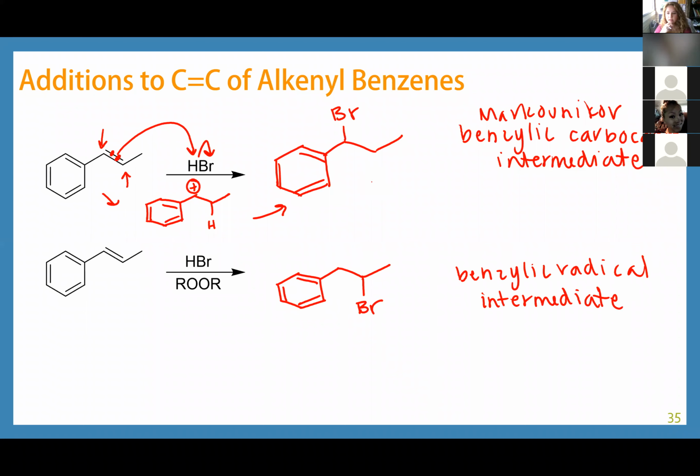So think for a second about how that happens. Remember, the initiation reaction is going to happen between the peroxide and the HBr, and we're going to create bromine radical. Bromine radical is going to react with the alkene, and it's going to create a bond on the second carbon, whereas we put a radical electron onto the benzylic position.